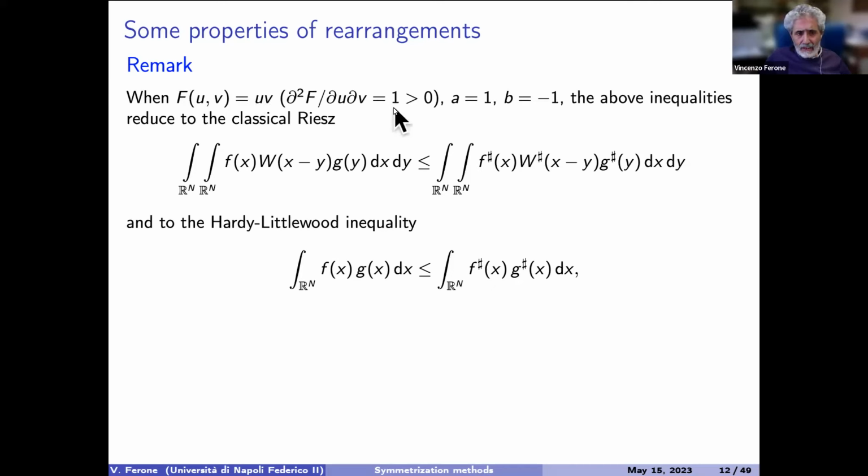And if I use a equal to 1 and b equal to -1, the above inequality reduces to the classical Riesz inequality, which says that if I take the convolution of w with g and then I integrate against a function f, this quantity goes up when f, w, and g are rearranged in a decreasing way. And with this choice of F, the second inequality is essentially the one which I have discussed before.